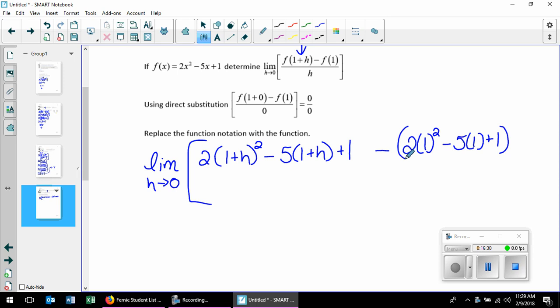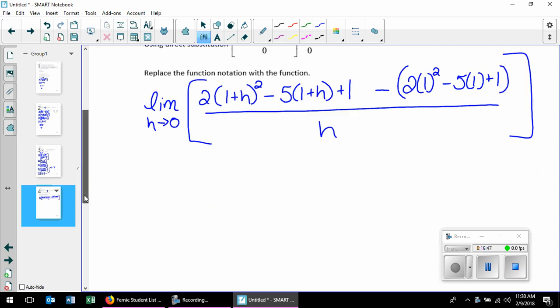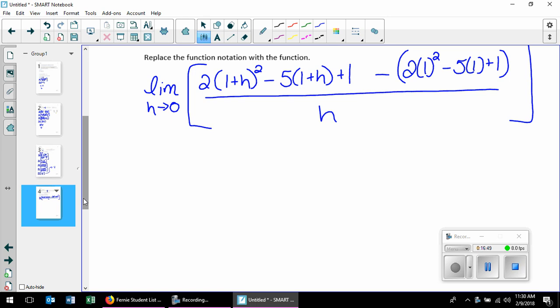So all we've done is replace function notation with 1 plus h and 1. And then it's all over h. That's a big one.